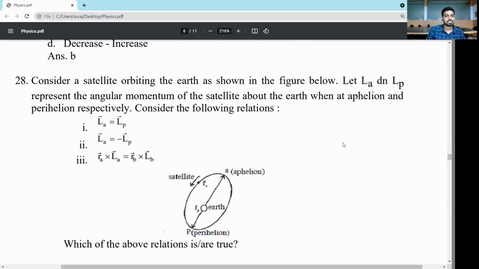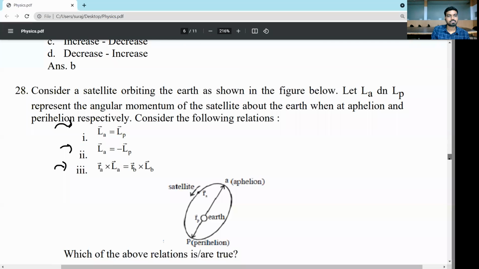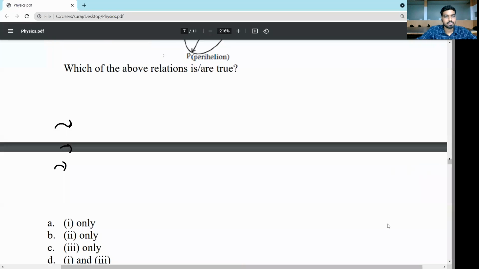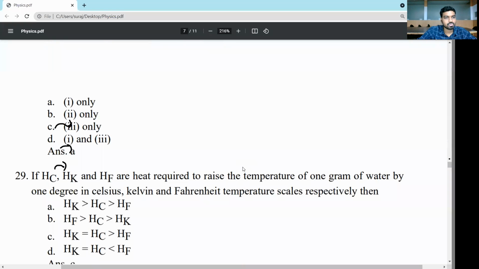Consider the following relations: LA equal to LP, whether angular momentum is conserved; LA is negative of LP; R into LA equal to R into LP. They are asking which of the following relations are true.